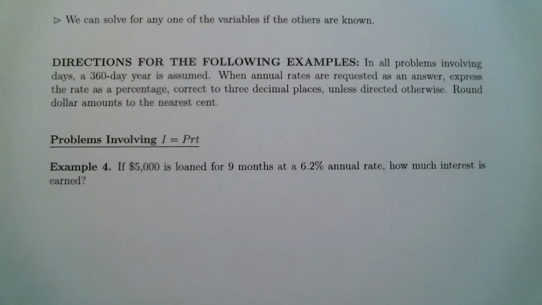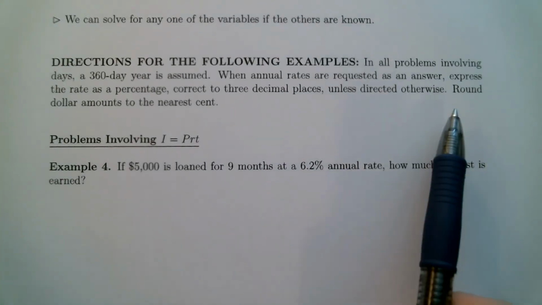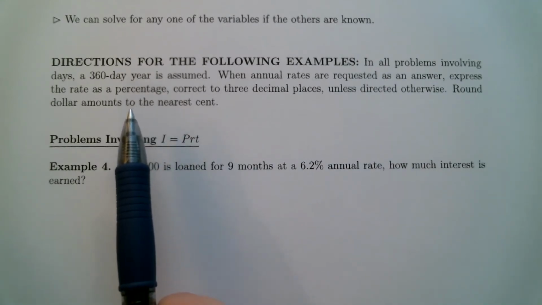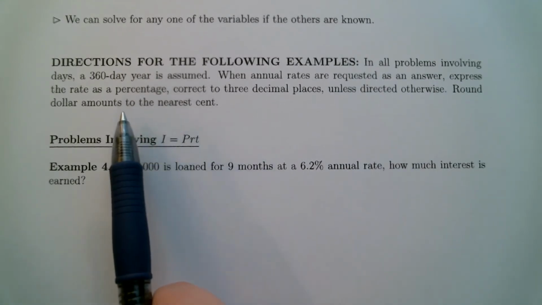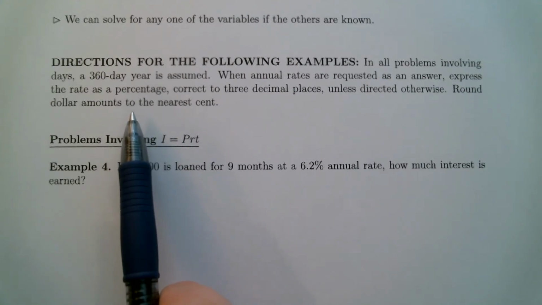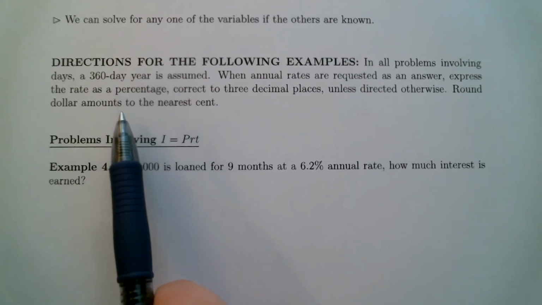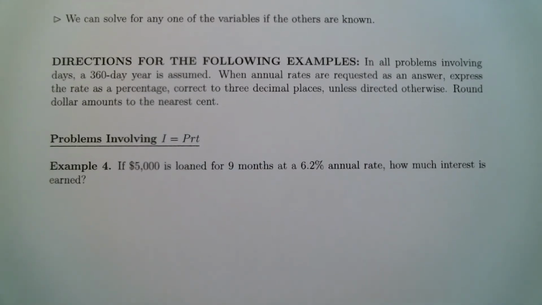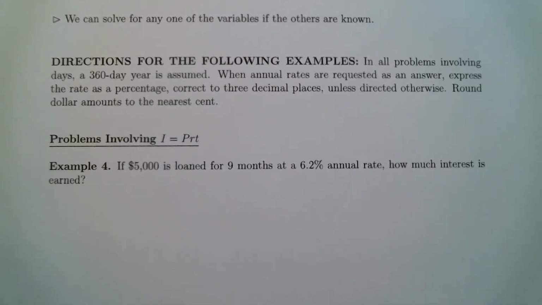Again, all of these problems involve money, so your answer is most of the time going to be a money amount. Your answers need to be rounded or stated as dollar amounts rounded to the nearest cent. So always think dollars and cents.